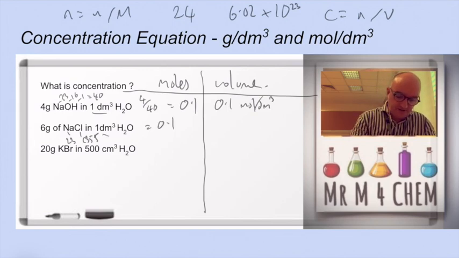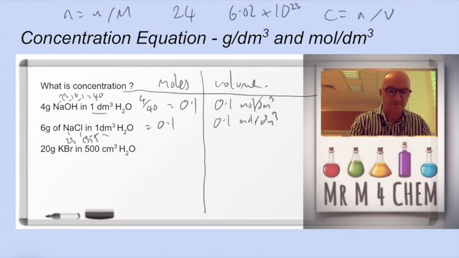Now I have KBr. Now potassium is 39, if memory serves me correctly. Let's have a look. ptable.com. So potassium is 39, and we'll also have the atomic mass for bromine to add them together for potassium bromide.